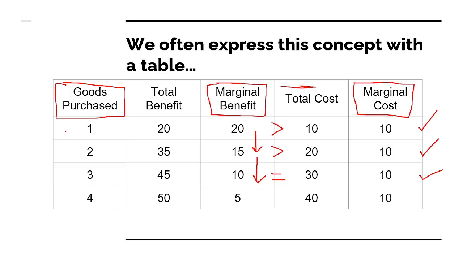And if we go to the buffet line now and we get the 4th slice of pizza, each slice of pizza becoming slightly less enjoyable than the last, our marginal benefit for that 4th slice of pizza is all the way down to 5 now. The marginal cost is still 10, right? It's still 10.